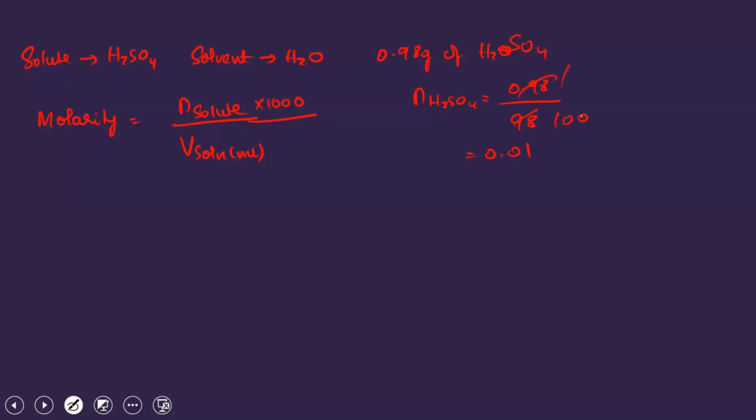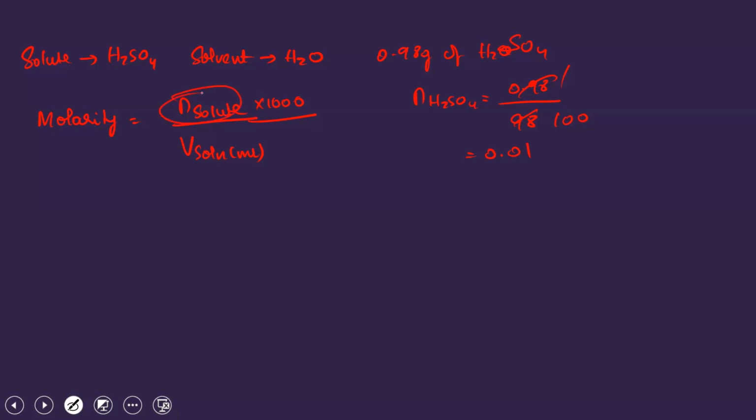So 1 by 100 it is 0.01. Clear, Balaji? Okay?